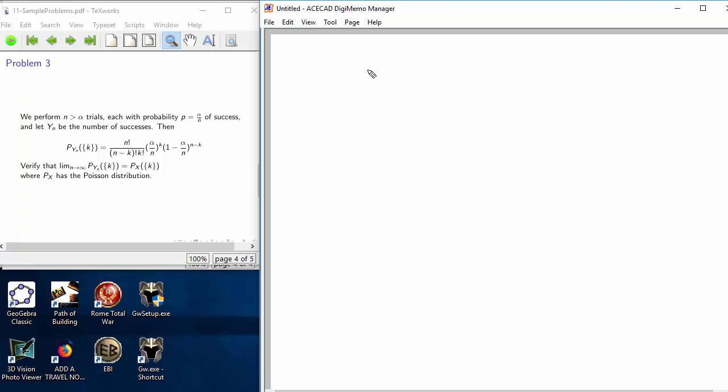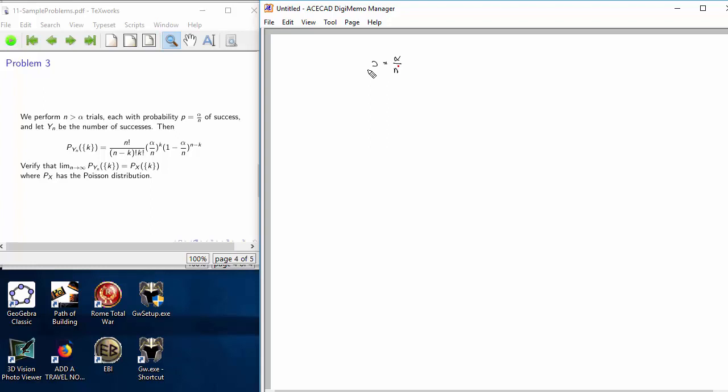N has to be larger than some positive real number alpha that we've chosen in advance. And for each of these trials, the probability of success is alpha over n. So for example, we might choose alpha equals 3 and n equals 100. That means the probability of success on each individual trial is 0.03.